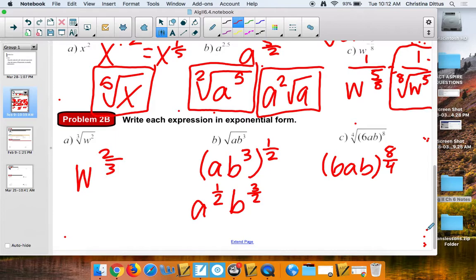Okay, let's simplify our power first. 2. Leave my parentheses. I got 6ab. 8 divided by 4 is 2. Okay. Now if I distribute my exponent, what does the 6 become? 36. What does my a become? A squared, and my b? B squared.